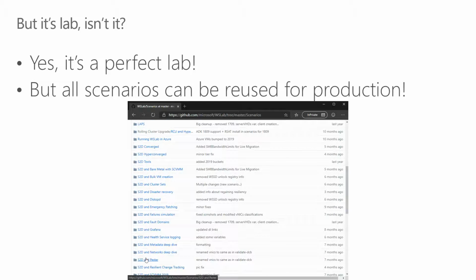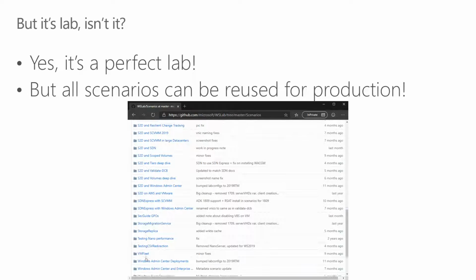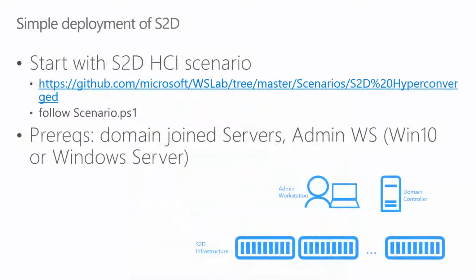that fits your infrastructure. And this way, I would like to show you how to, for example, use the S2D hyperconverged scenario, which is the first one I wrote, for deploying the real stuff you have on your network. So, for example, imagine that you have freshly domain joined S2D servers.